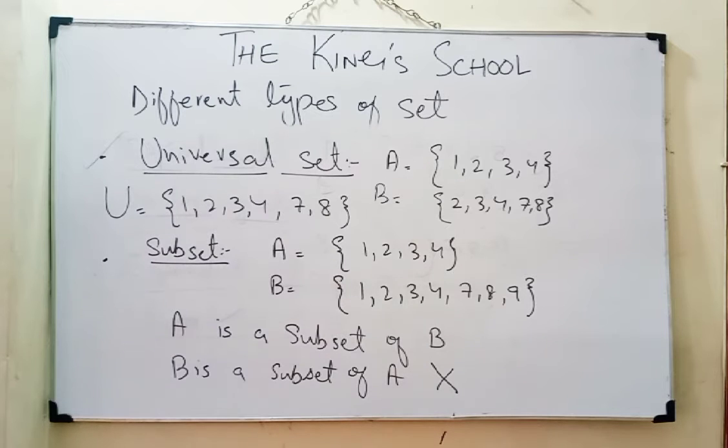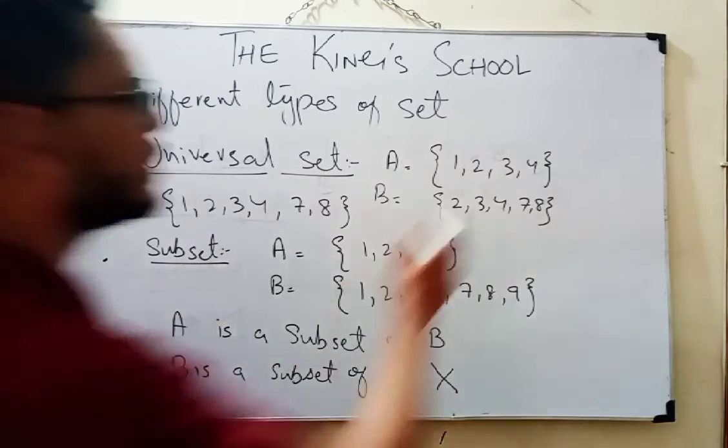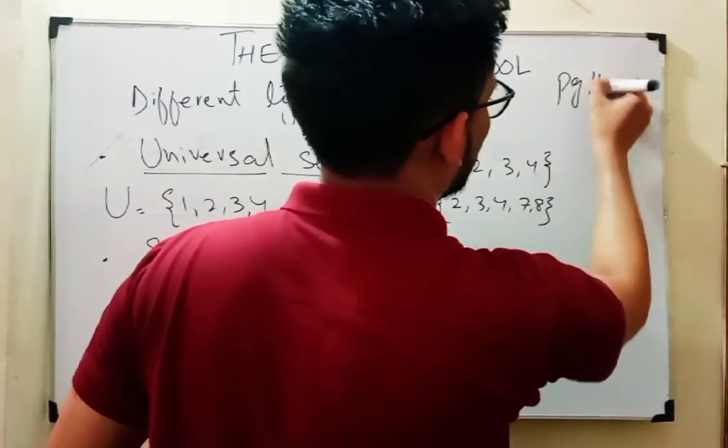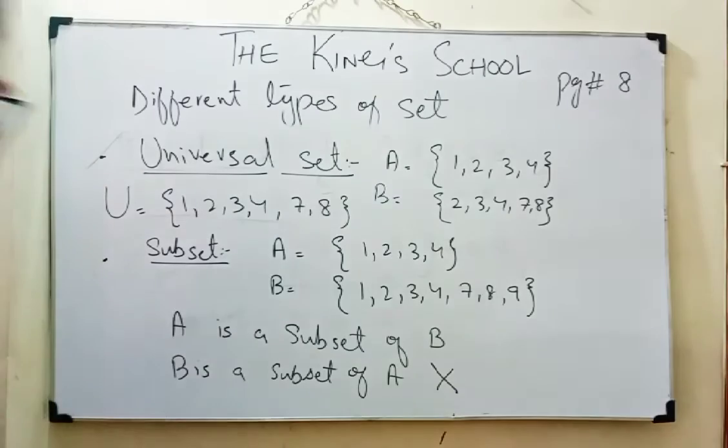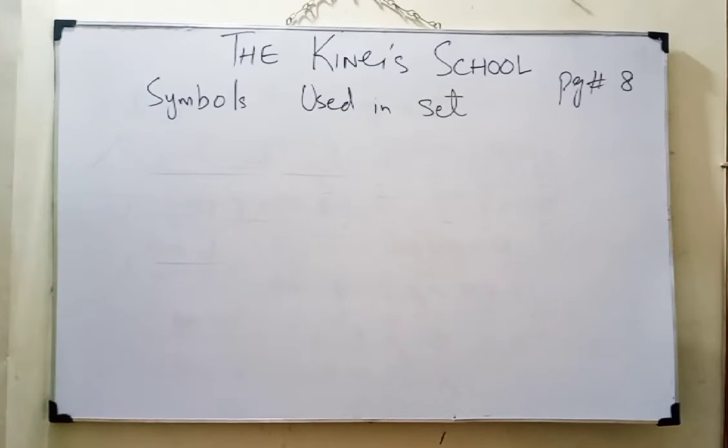Now move towards our another topic on page number 8. Our next topic is symbols used in sets. In sets, we use different types of symbols which you have to know. In this exercise, we discuss some of these.